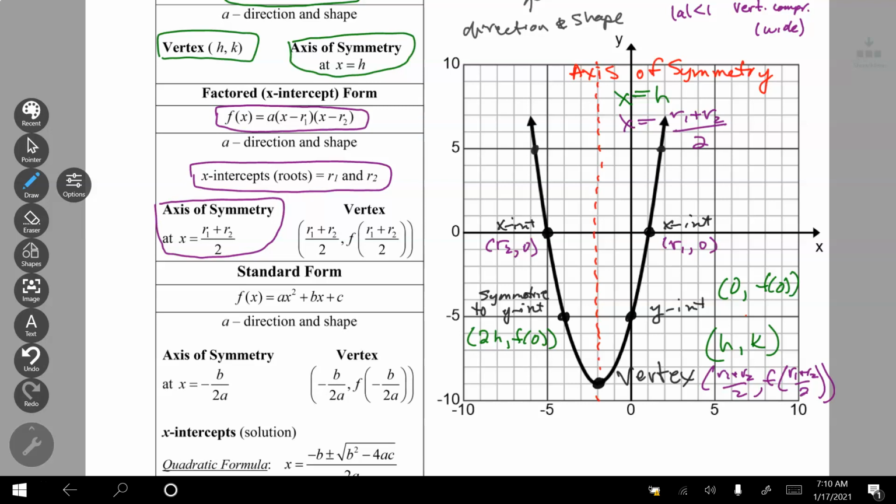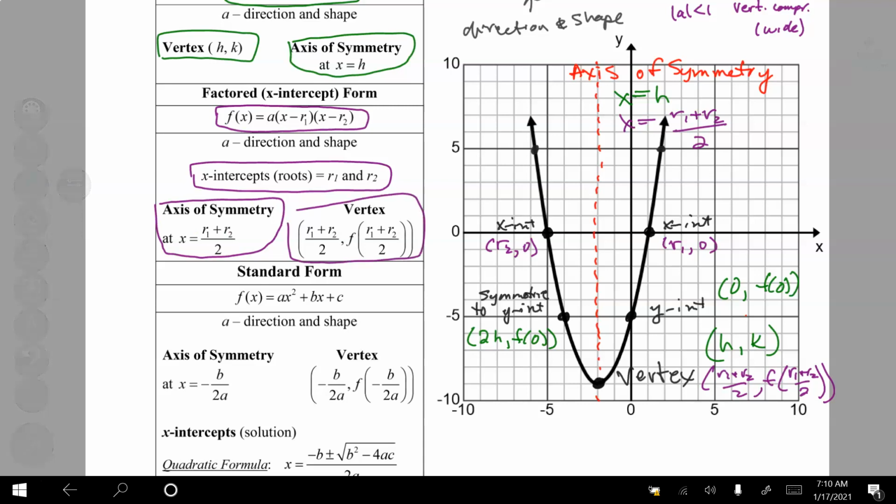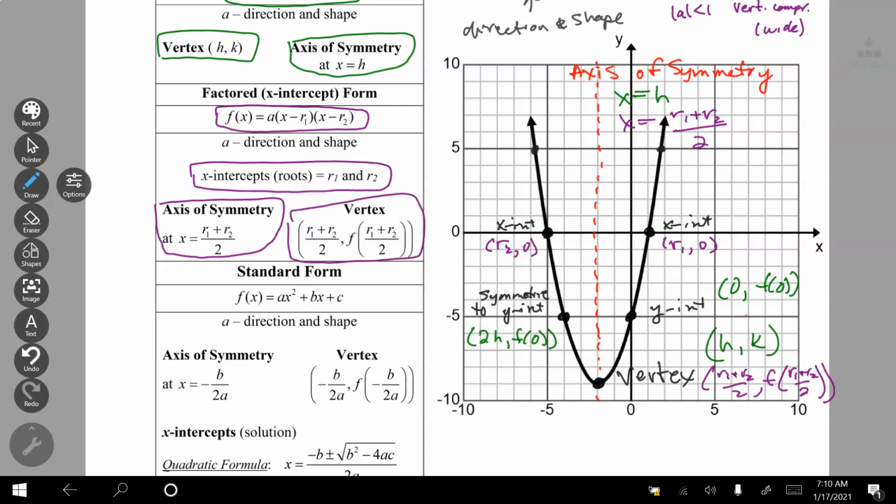It's kind of where every parabola starts. It either starts at the bottom and goes up, or starts at the top and goes down. And then I have that.